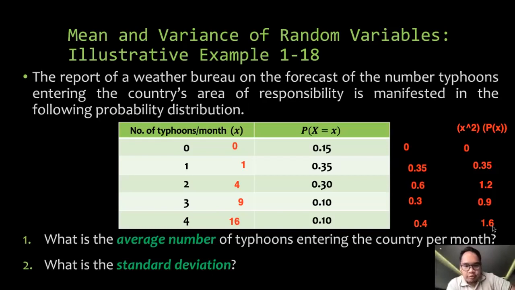Okay, and 4.05, we subtract the square of the mean, which is 1.65.